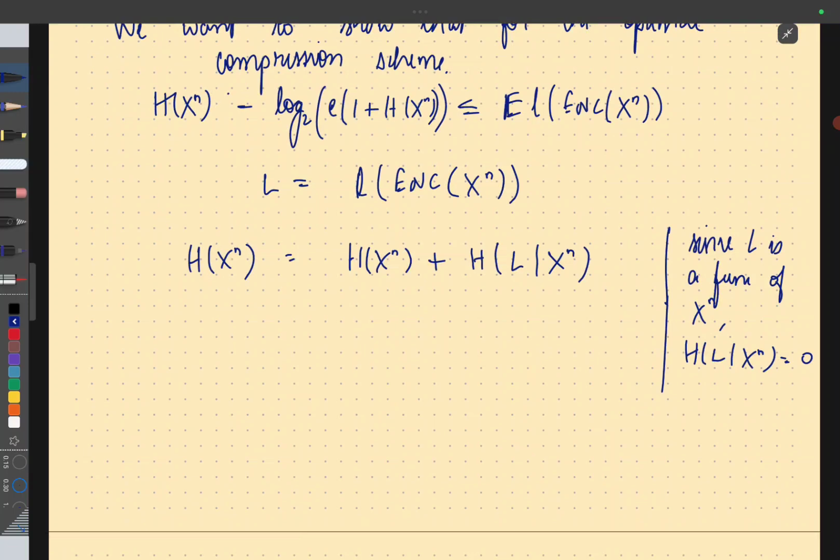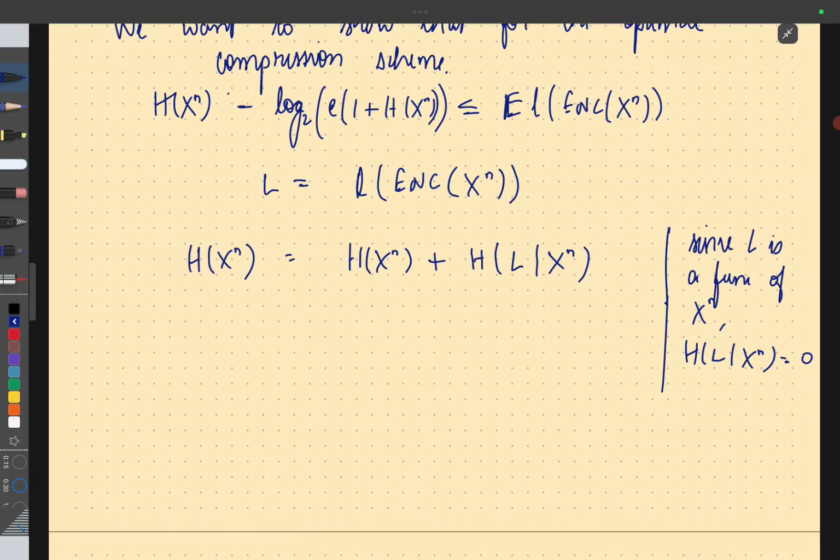Any questions at this point? Can you repeat once again? Okay, great. So firstly, when is the entropy of any random variable equal to 0? When the random variable is essentially deterministic, right? So given X^n, what can you say about the length of the encoding? I give you the sequence X^n, right? How would you find the encoding in the first place? You have this lookup table.